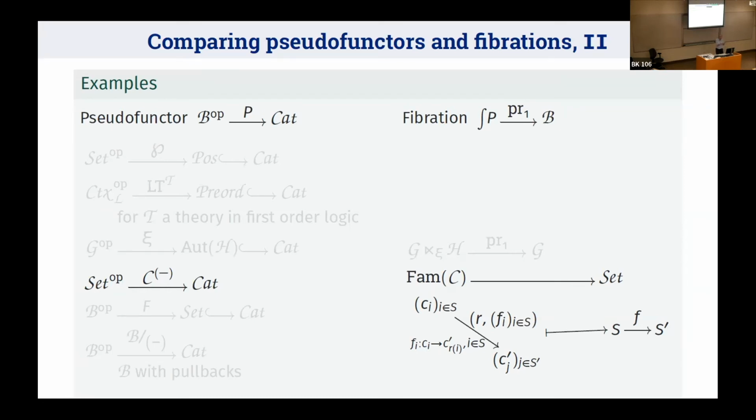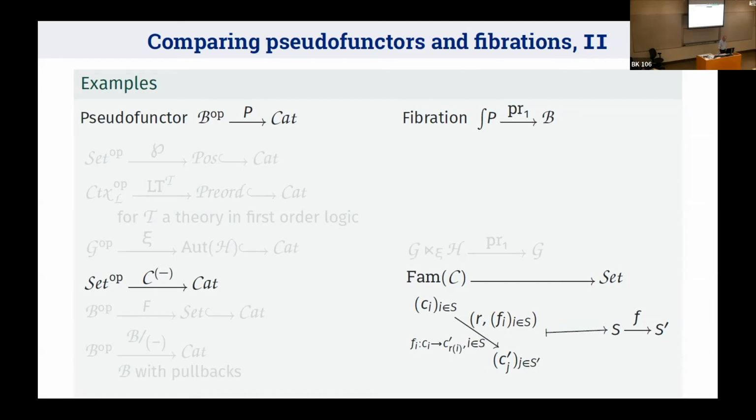Adding all the powers of C, one next to the other, gets me as a total category the category FAM C, which is depicted here quickly. They are families of objects in C, and arrows are a family of arrows with a certain indexing.